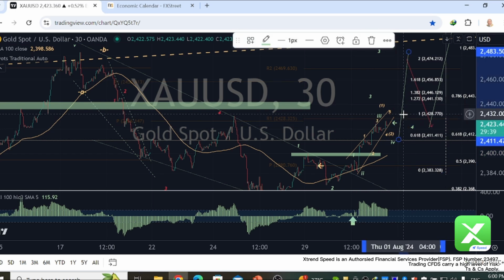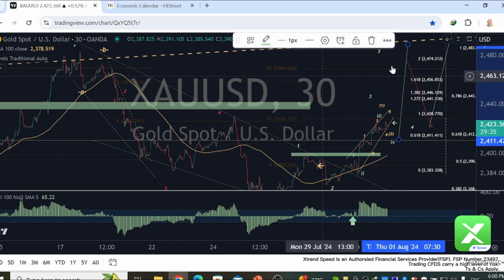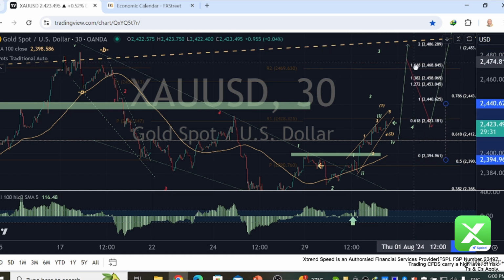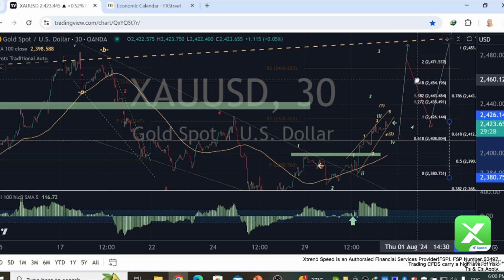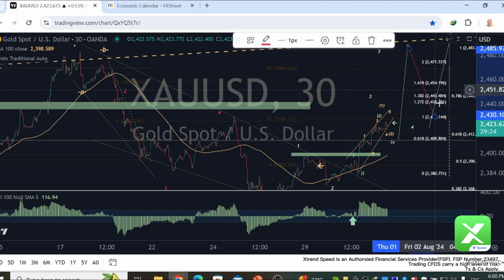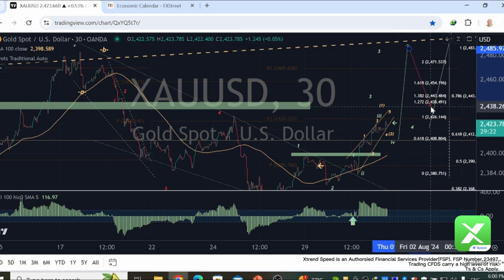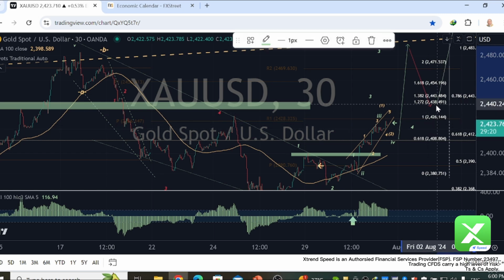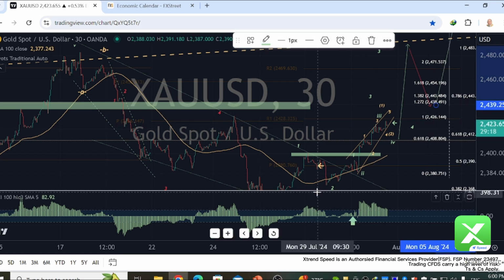What you're going to get is a sudden move to the upside. Resistance to 2,470, resistance even higher. Before you get a correction back to the neckline at some point, and the market continues higher.